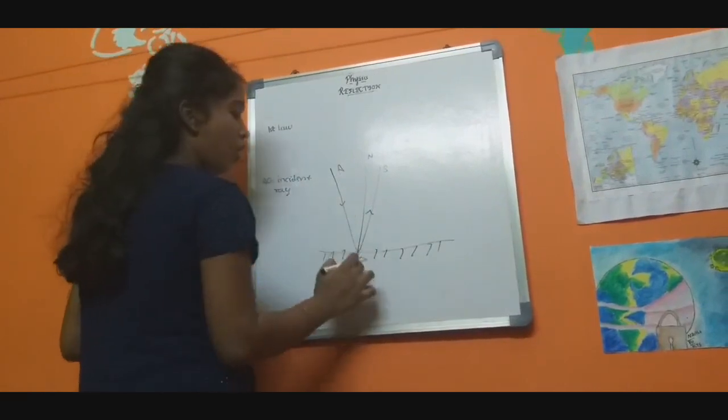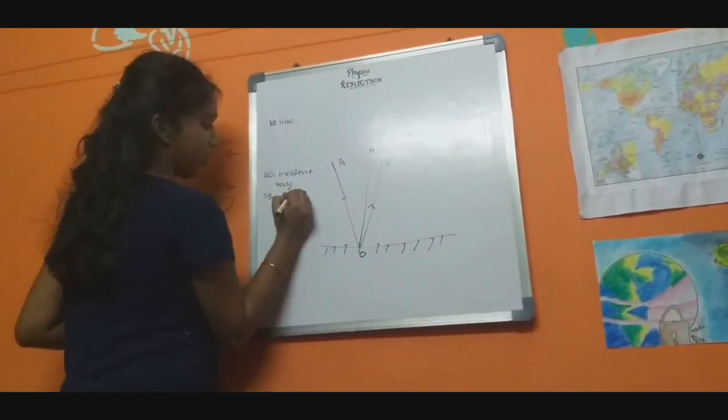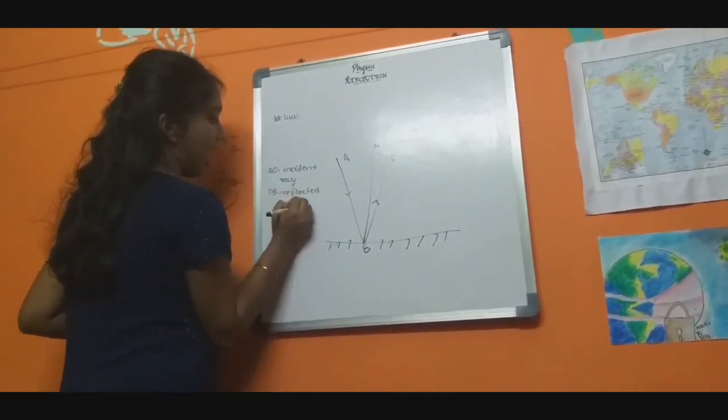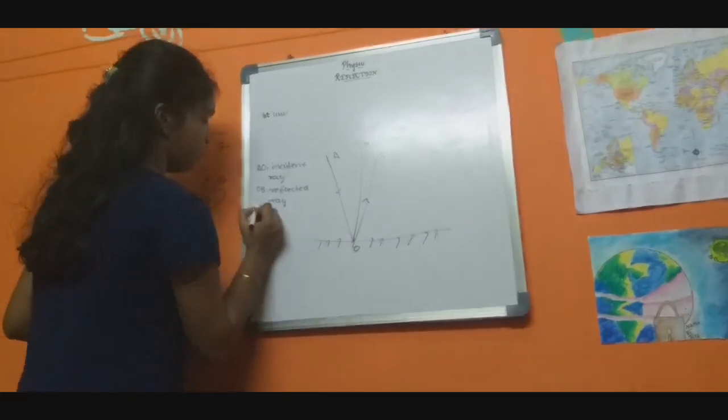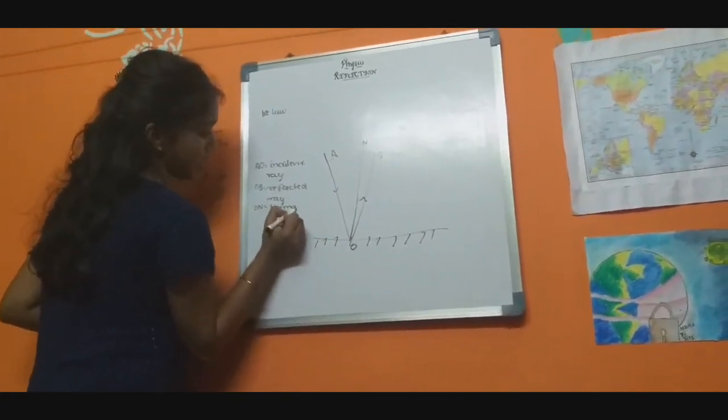And OB is the reflected ray. And ON is the normal to the surface.